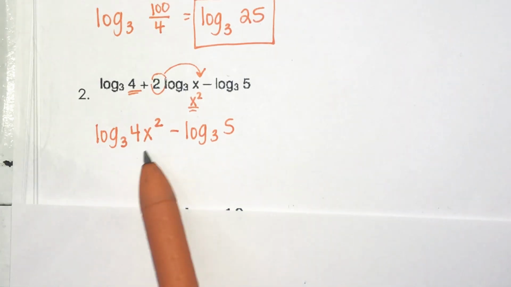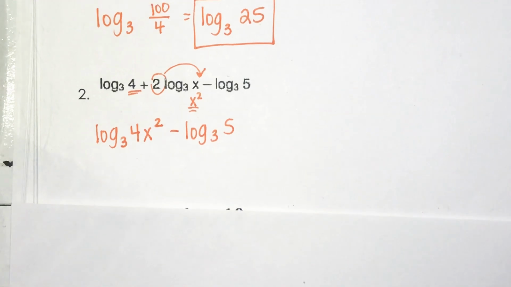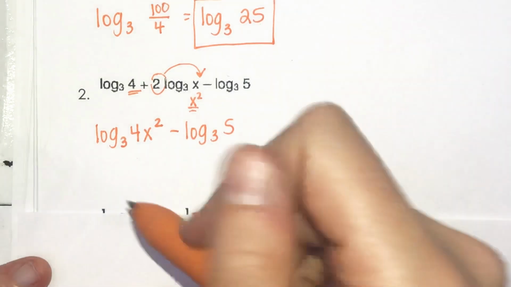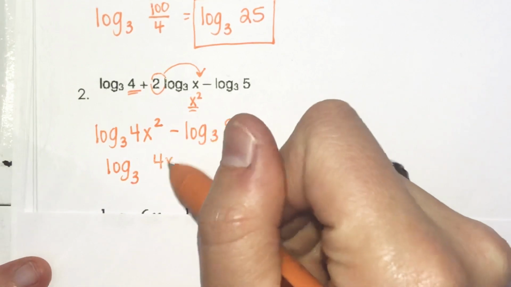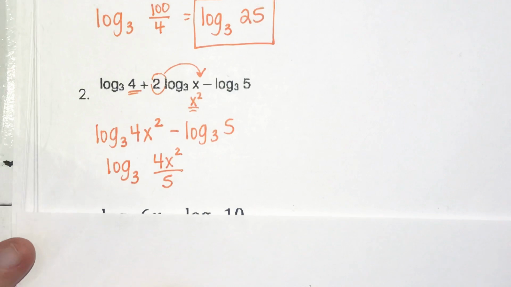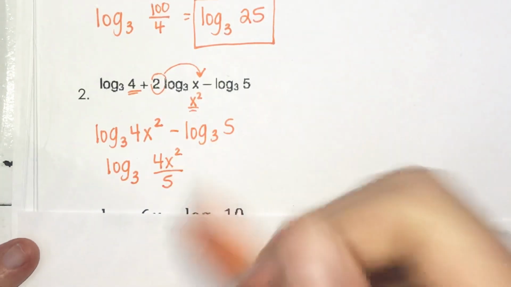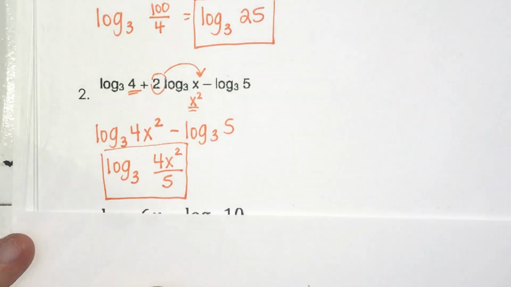So I'm going to take this first one and put it as the numerator, the second one as the denominator. So I'm going to write log base 3 of 4x squared divided by 5. And I go, okay, can I simplify that further? I cannot. I only have one variable and I can't simplify it further. So there is my final answer.